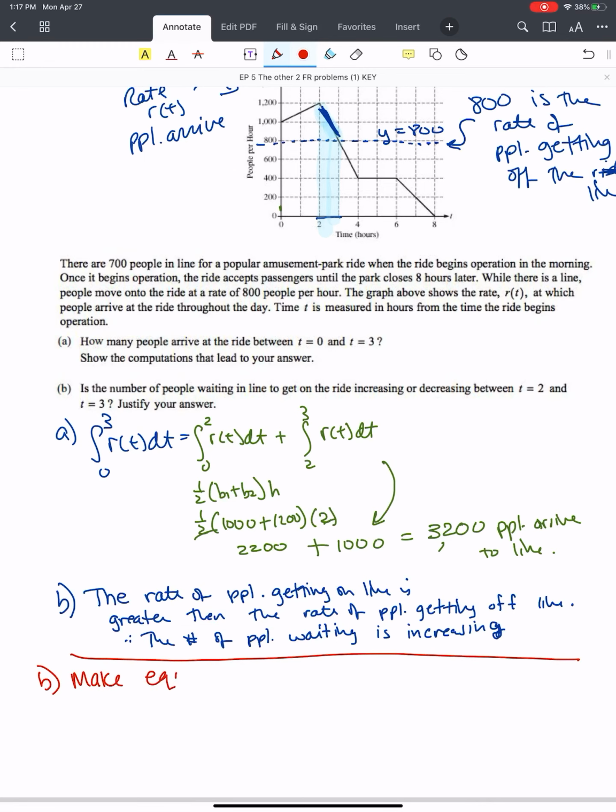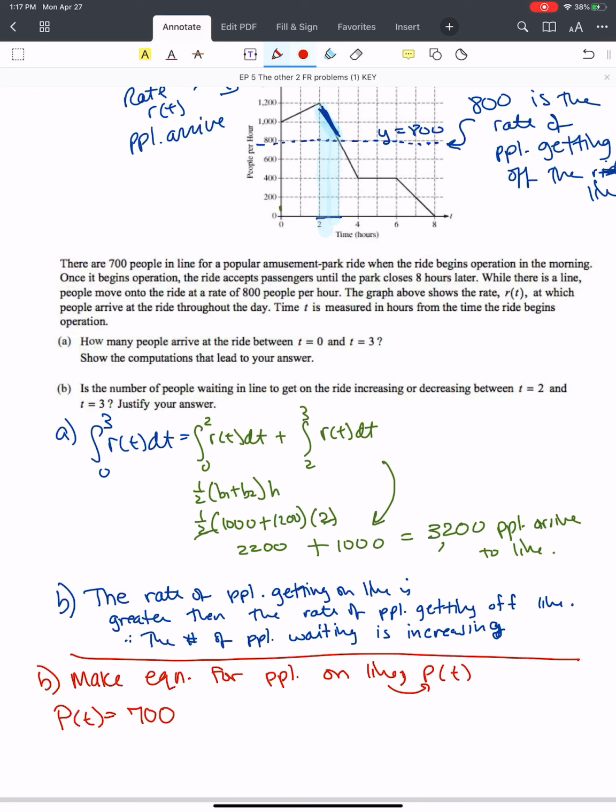Make an equation for people waiting online. And you can do that by saying, okay, let's call it P of T. We'll just call it any name you want. So P of T, P of X, it doesn't really matter. I like P of T. So that would be that there are 700 people to start up with.